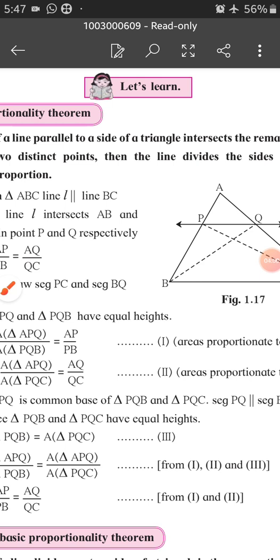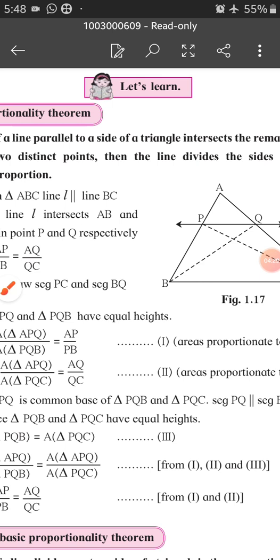Numerators are area of triangle APQ in both. Now what are the denominators? Denominators are area of triangle PQB and area of triangle PQC. Once we prove that both the denominators are the same, then we can prove that both the ratios are the same. So we'll now prove area of triangle PQB and area of triangle PQC are both the same.